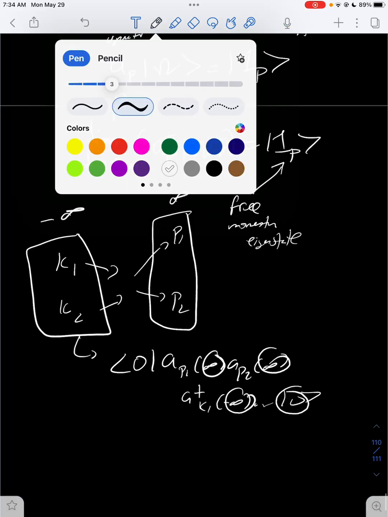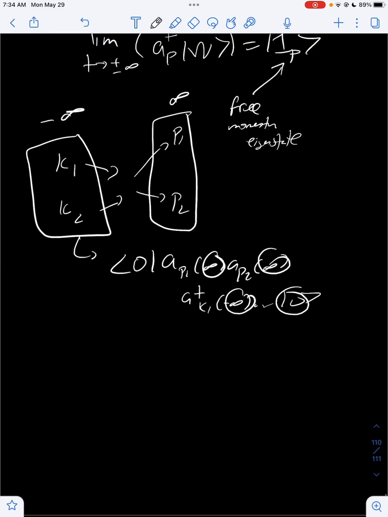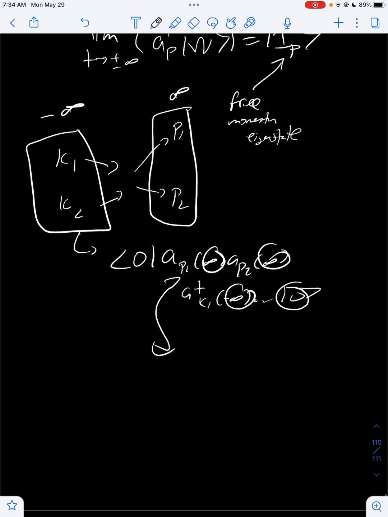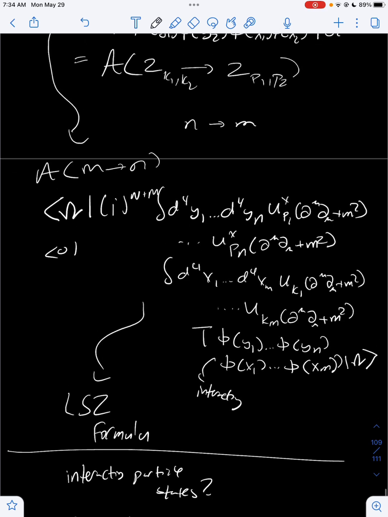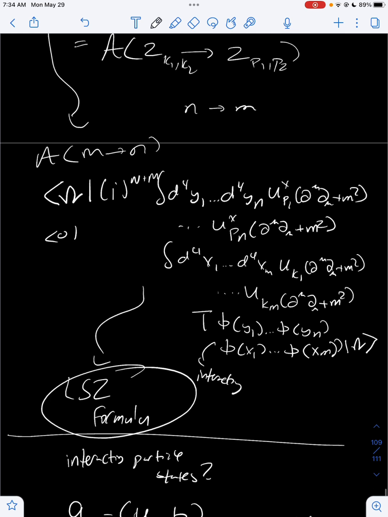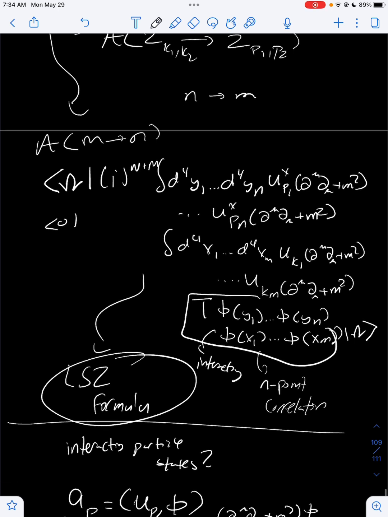And then we want to introduce our interacting field into this expression, and we use the Klein-Gordon inner product to do that. This gives the formula over here called the LSZ Reduction Formula, relating the time-ordered n-point correlation functions, the fancy way of saying the n-point correlation functions sandwiched in the vacuum expectation value.